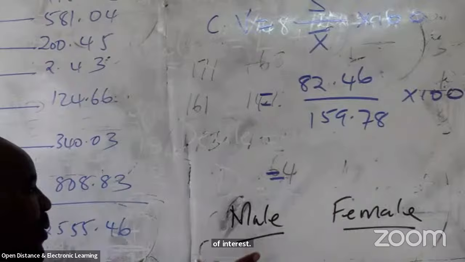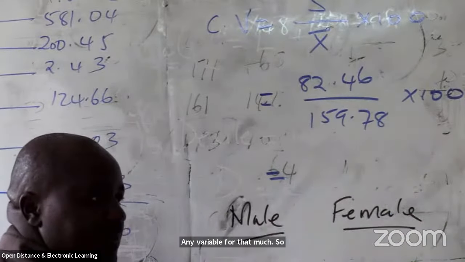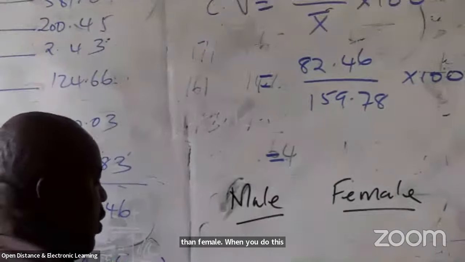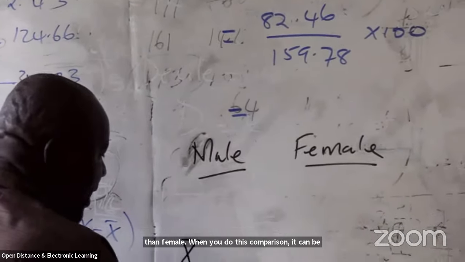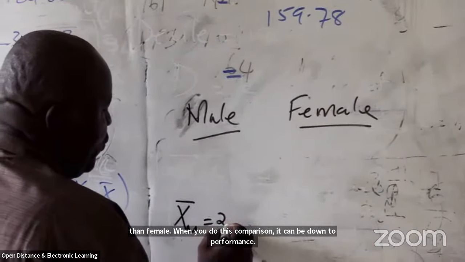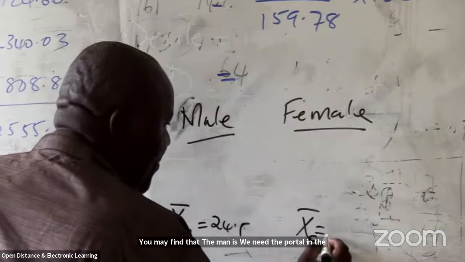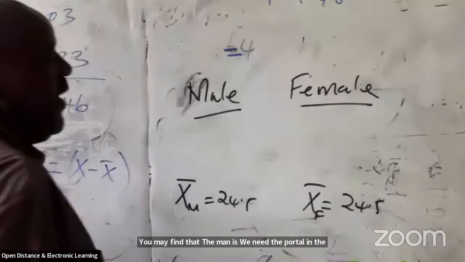So I may want to compare male then female. When you do this comparison, even in terms of performance, you may find that the mean for the male is 24.5. Then the mean for the female is also 24.5.